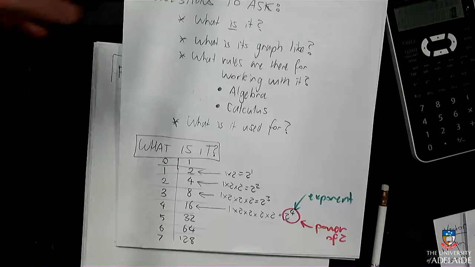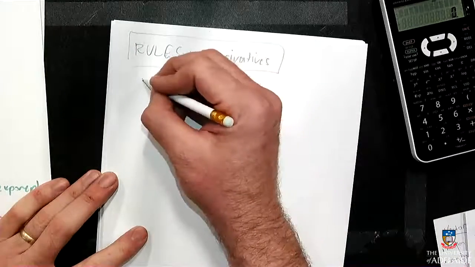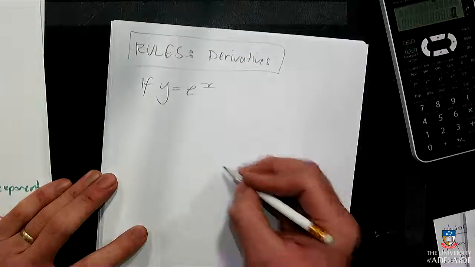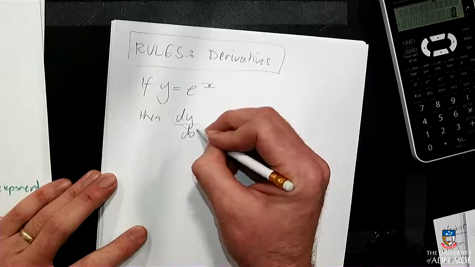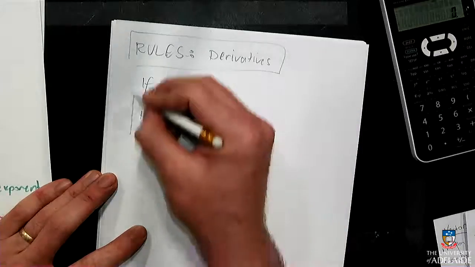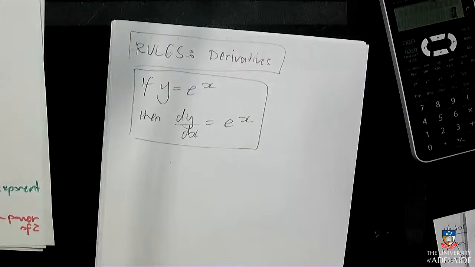And so here's the rule. If y is equal to e to the power of x, then dy on dx is e to the power of x, which is mind-boggling. It's very cool.